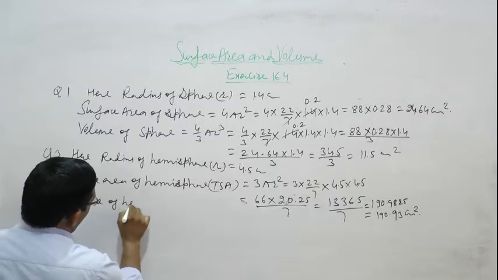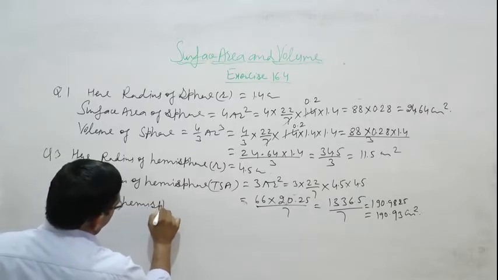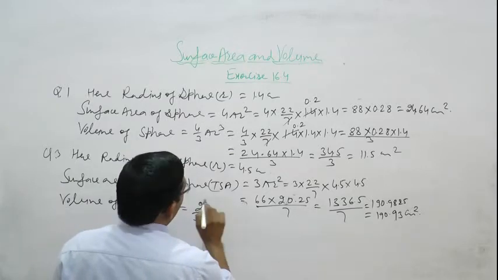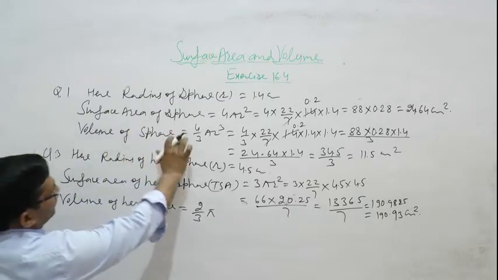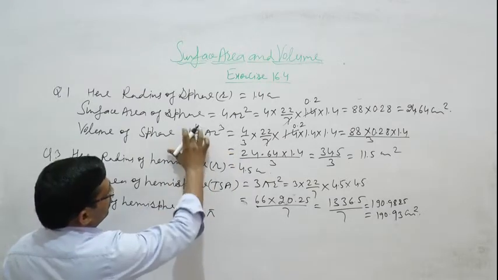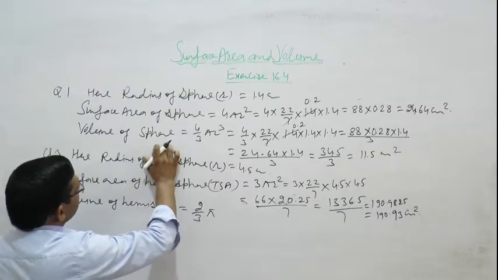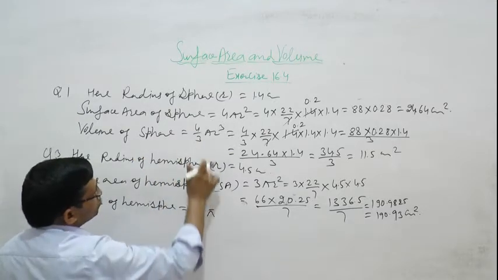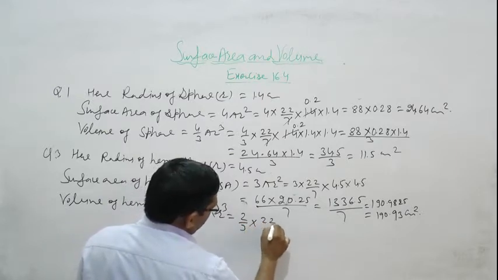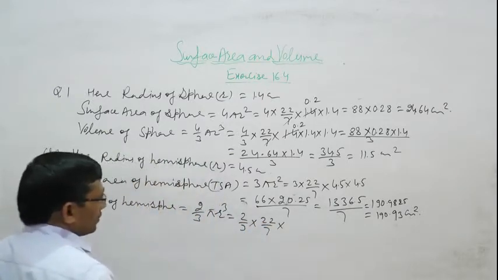So the volume of a hemisphere is equal to 2 upon 3 pi r cube. The volume of a sphere is 4 upon 3 pi r cube, and the volume of a hemisphere is half of the sphere. So 2 upon 3 pi r cube is equal to 2 upon 3 into 22 upon 7 multiplied by r.